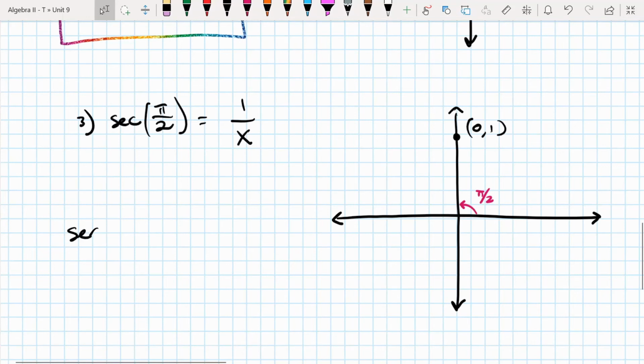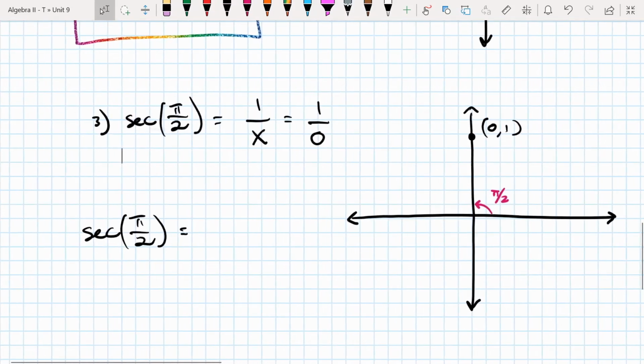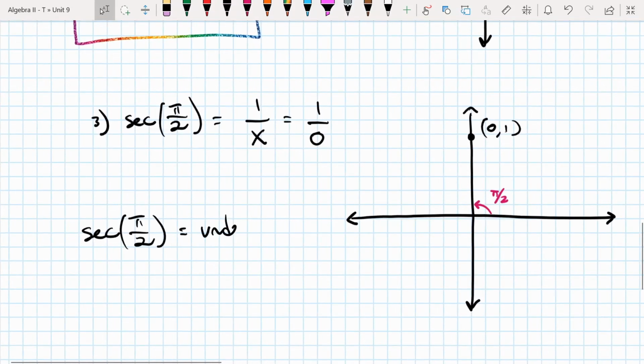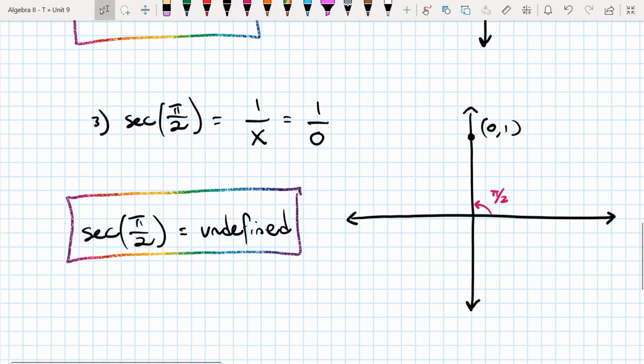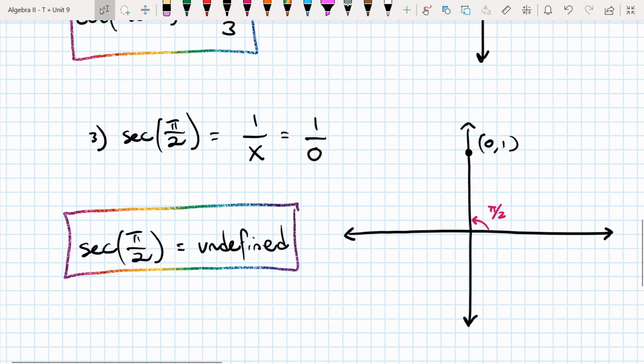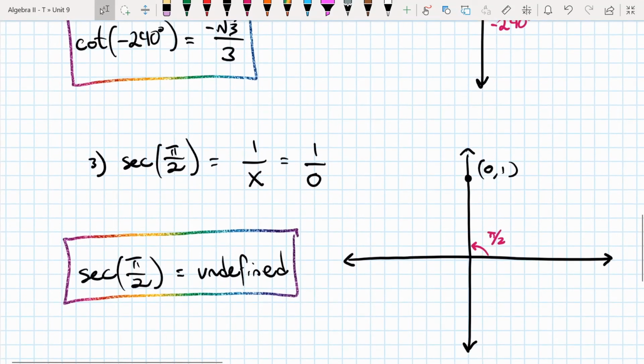And so secant of pi over 2, in this case, is equal to 1 over 0, the x value of our coordinate point. 1 over 0 is undefined, and so that's the answer for this one. We said that the value of this trig expression is undefined. It does not have a number. Sorry, this should be number 4.